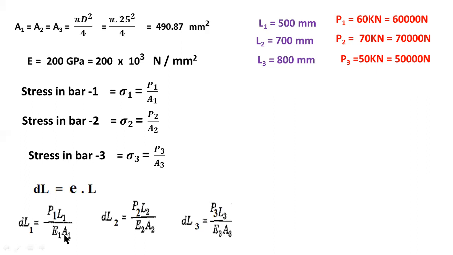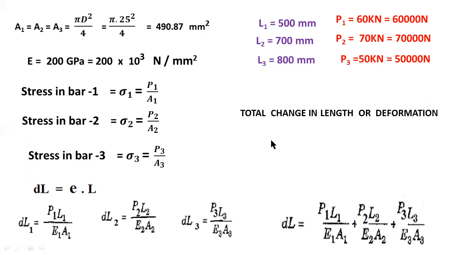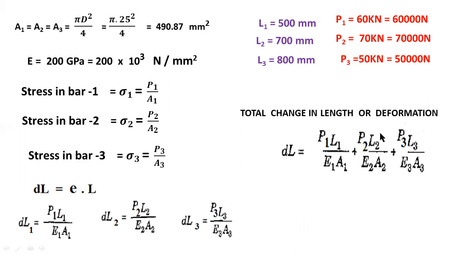By using these three values, you have to find the total change in length, or total deformation, by adding them. The formula is delta L equals the sum of these three deformations: P1 L1 by E1 A1 plus P2 L2 by E2 A2 plus P3 L3 by E3 A3. You have to consider a positive sign for tensile loads and a negative sign for compressive loads. It is very important.